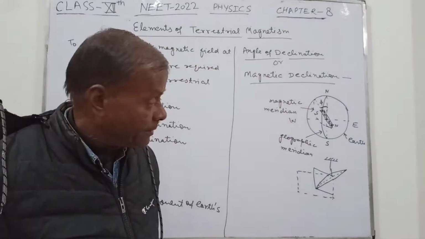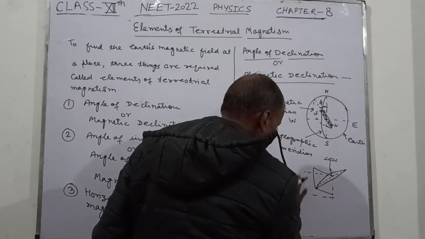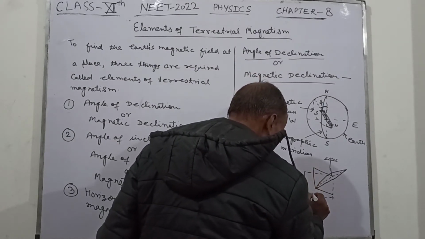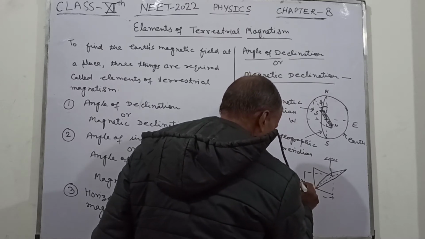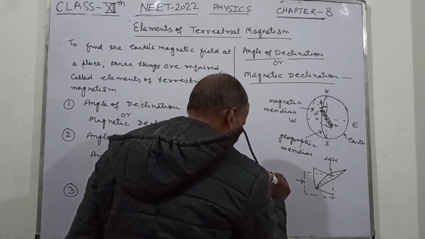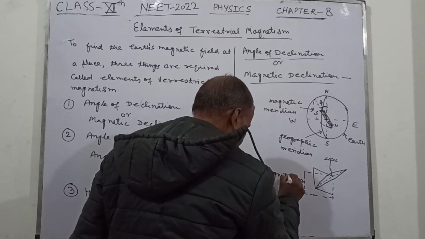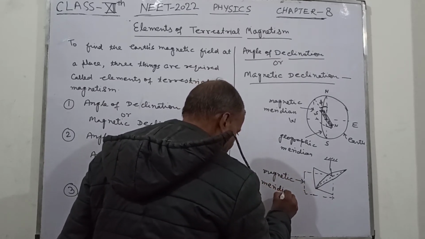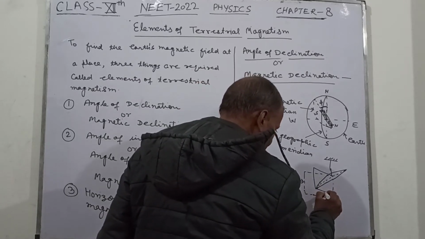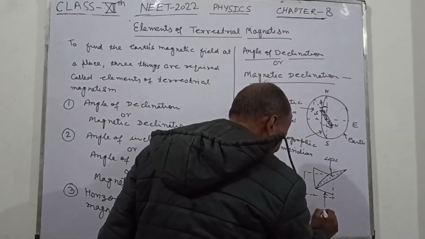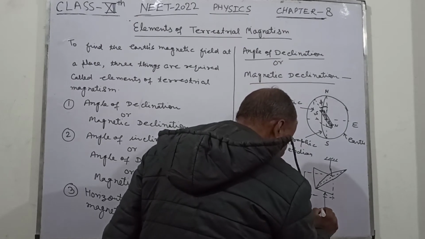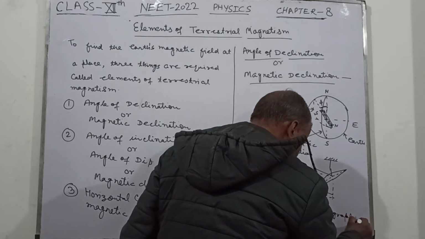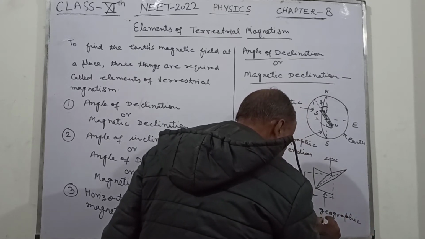Then you will see here that this plane is the magnetic meridian, and this plane is the geographic meridian.